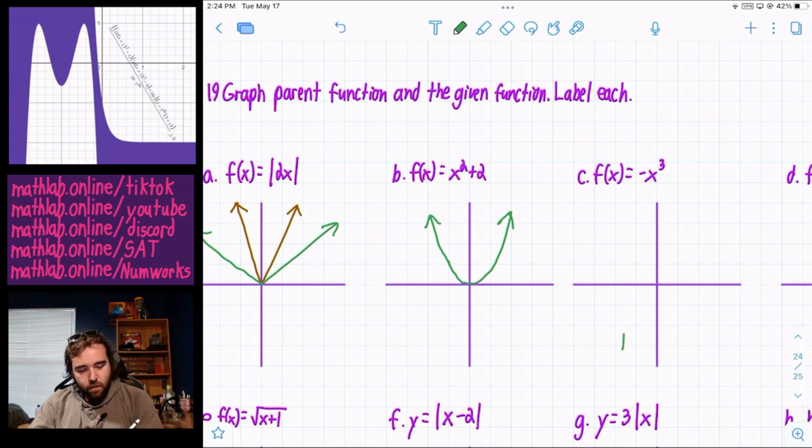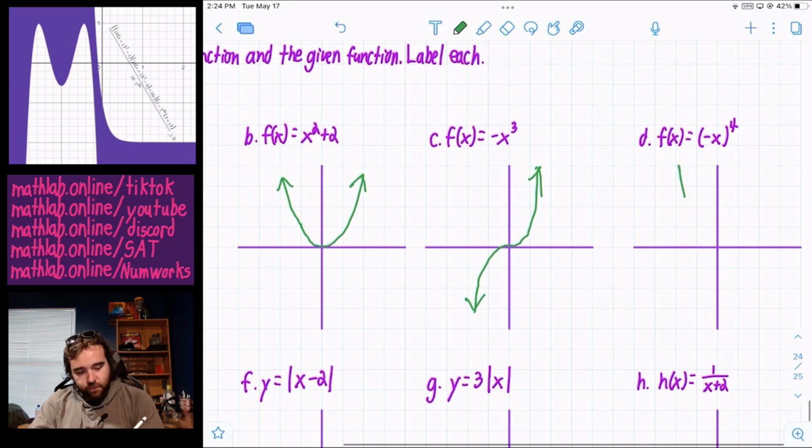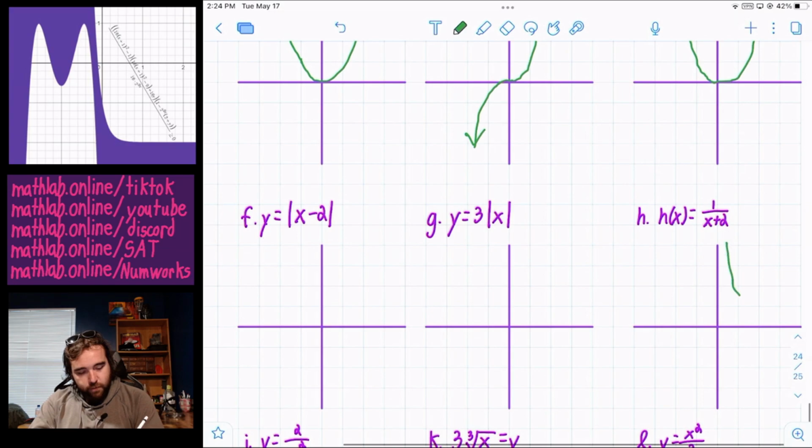So we got that. We got x cubed. We got x to the 4th. We got 1 over x.